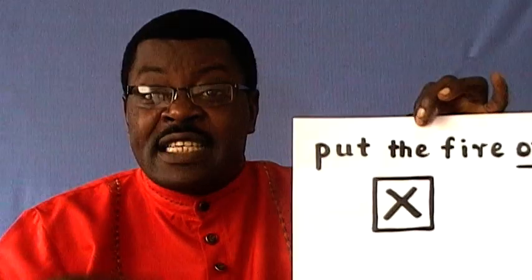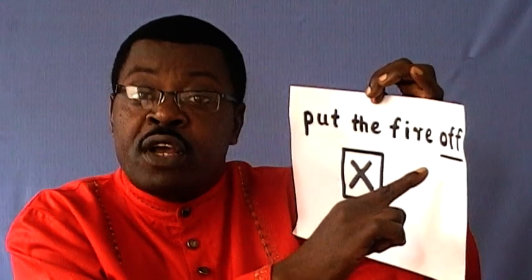Clear? Great. Now, the next one is also common because when we use that phrasal verb, people find themselves using the wrong preposition. Now, you say to put the fire out, not to put the fire off.